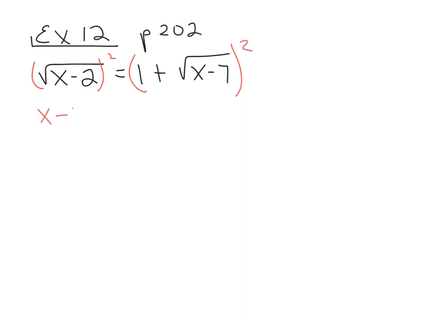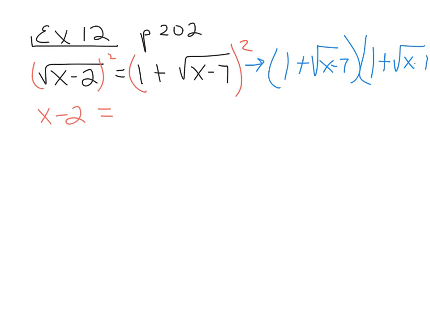So this one turns into x minus 2 over here on the left, but over here on the right, you have a binomial. So what you're going to have to do is write that out as 1 plus square root of x minus 7 times 1 plus square root of x minus 7, and use double distribute or FOIL on that.